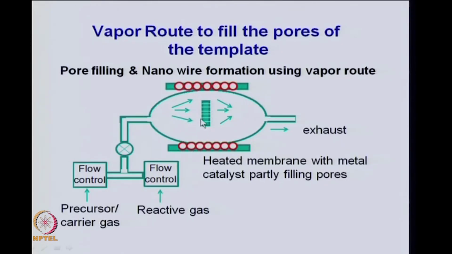The reactive gas comes, you have this metal catalyst, and high temperature is there, and that deposits nanowires, some solid material, inside the porous membrane or the template, and the remaining gases come out.